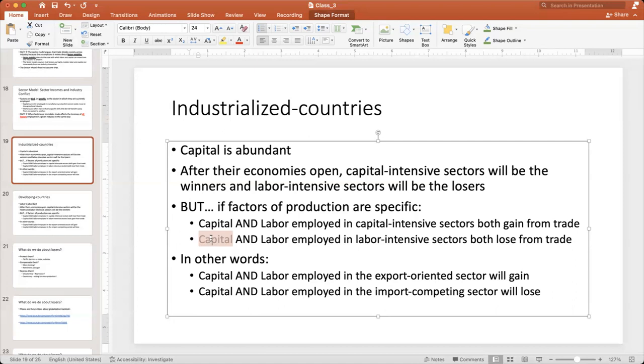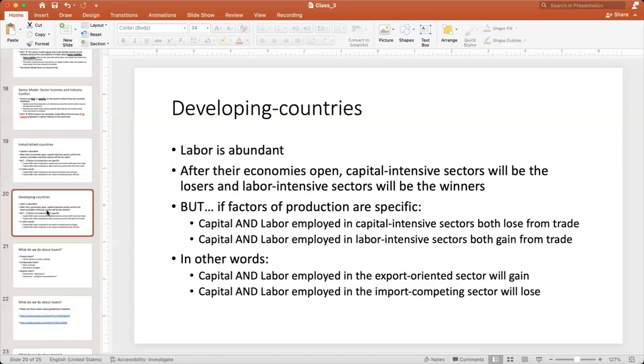This type of capital is not demanded by high-tech companies. They do not require that capital, but the owners of this type of capital will lose also from trade. In other words, capital and labor employed in export-oriented sectors, which are the capital-intensive sectors, will gain, and capital and labor employed in import-competing sectors will lose.